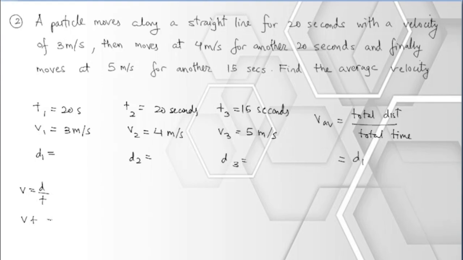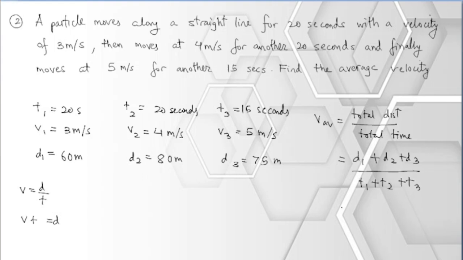So d1 will be 60 meters, d2 will be 80 meters, and d3 will be 75 meters. So average velocity is d1 plus d2 plus d3 by t1 plus t2 plus t3.